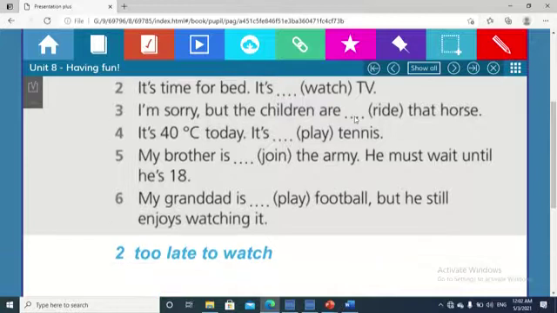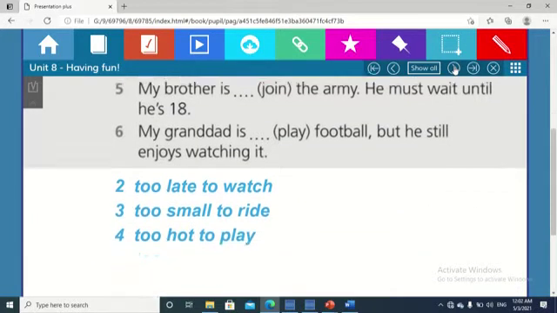I'm sorry, but the children are too small to write, so they can't do something. It's 40 today. It's too hot to play tennis. My brother is too young to join the army. He must wait until he's 18.